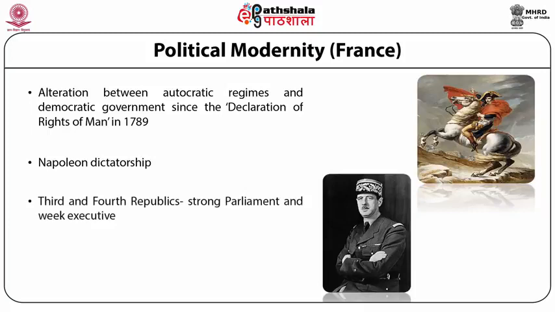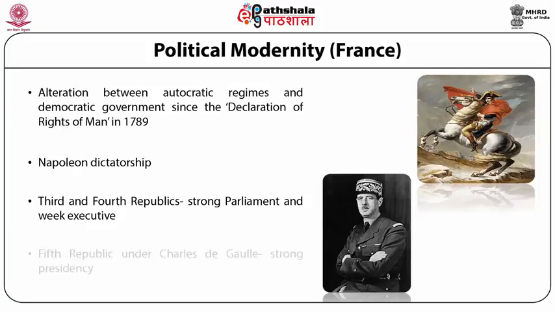The Third and Fourth Republics mainly established a strong parliament and weak executive. So basically, the Third and Fourth Republics in France adopted the principle of parliamentary sovereignty and therefore made the parliament much stronger than the executive.